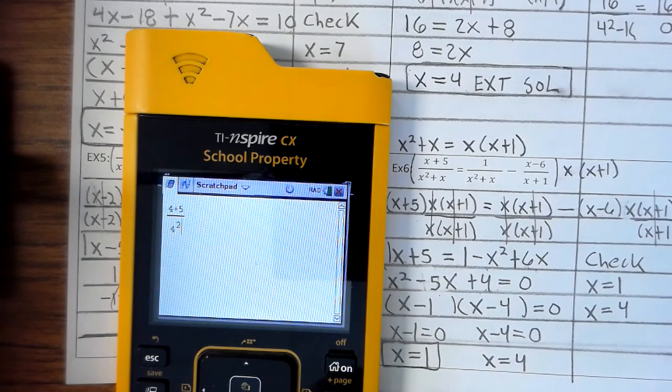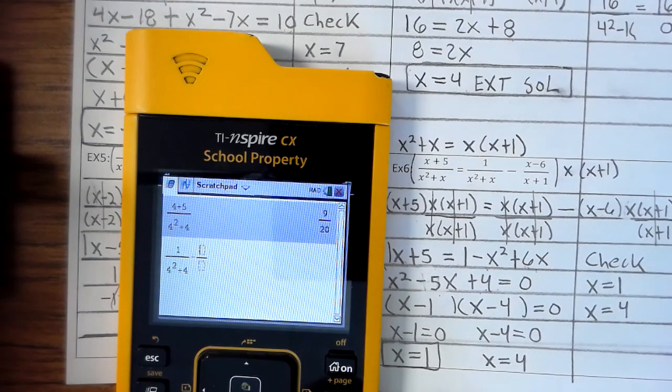Okay. And then we're going to do control divide 1 divided by 4 squared plus 4, click to the right, minus control divide 4 minus 6 divided by 4 plus 1. And you can see that, in fact, it does check.